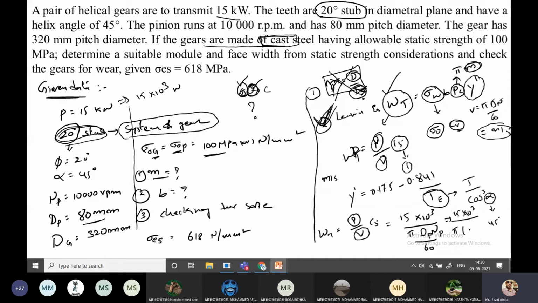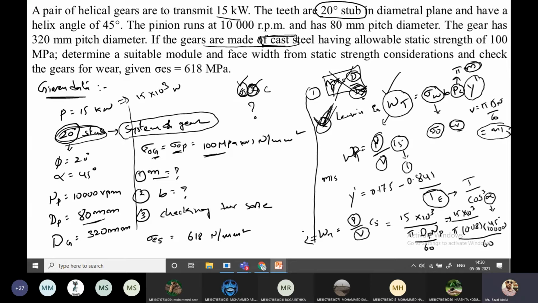That is 0.08 meters. And the NP value, the speed of the pinion, is given as 10,000 RPM, by 60. Now tell me the value of Wt.